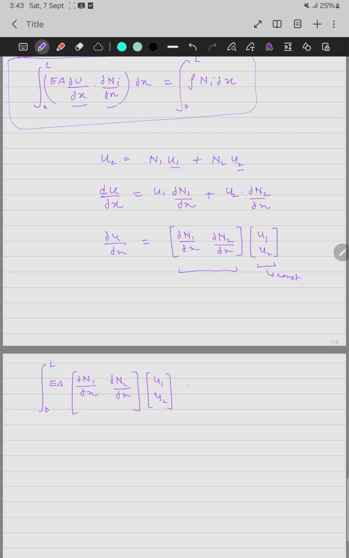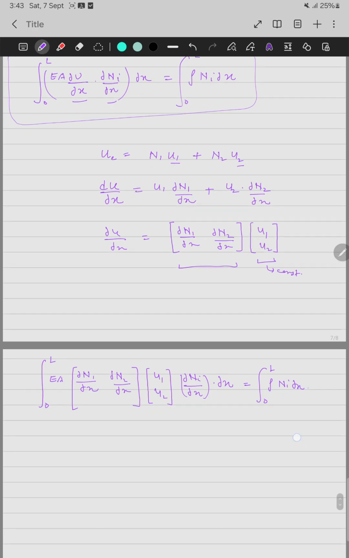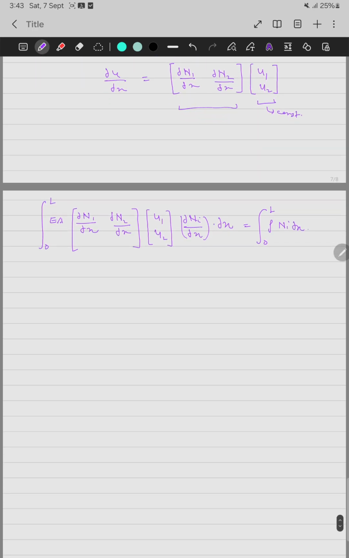And here we have del Ni by del x dx, equals 0 to L rho Ni dx. Up to this it is clear, right?